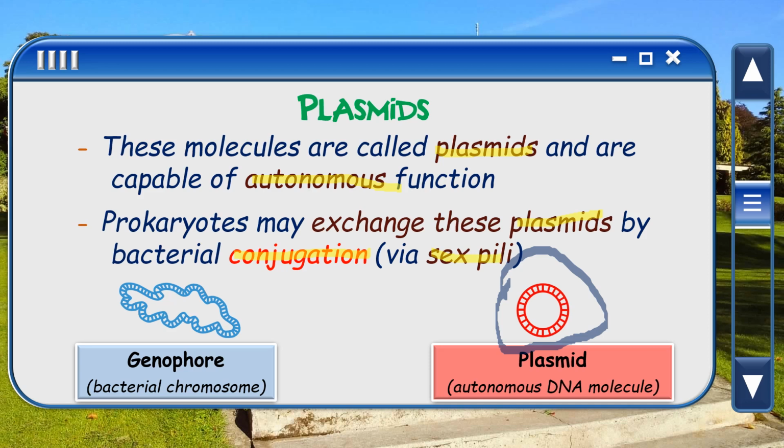So the plasmid can be exchanged from one prokaryotic cell to another through the sex pili, and that process is referred to as conjugation. Conjugation is where the prokaryotes exchange the plasmids via the sex pili.